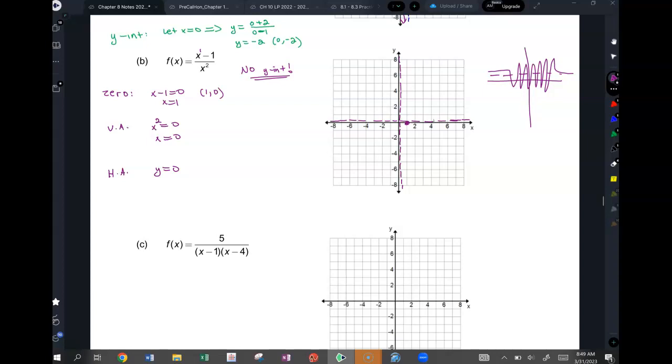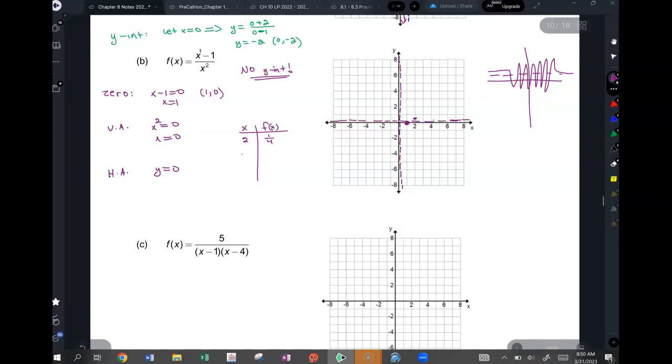Okay, so here's what we're gonna do. Let's put some numbers in here. So we know there's the 0 there. Why don't we put in x equals 2? What do we get when x equals 2? We get 1/4. Oh, here. So it does cross the horizontal asymptote there. You see that?